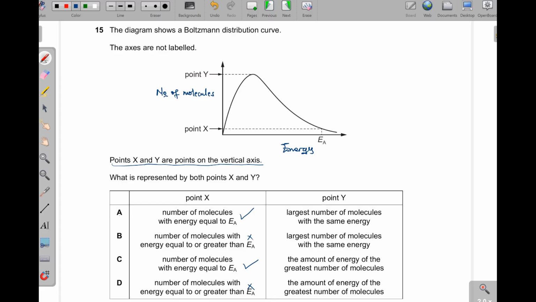Then Y. Y here, because this one is the peak, is the region with molecules having the average energy. Just like you can perform in a class, and we have that normal distribution, there will be very few people that have gotten 30%, and very few people that are getting 70 and above.